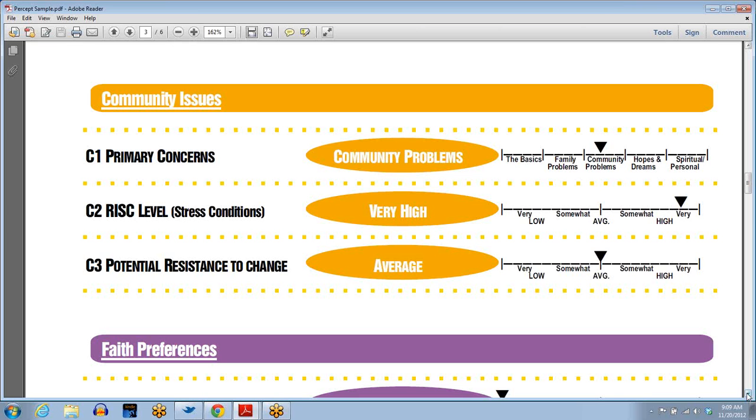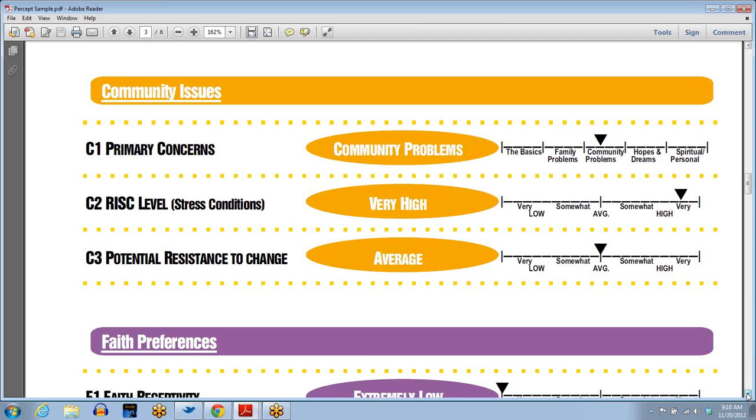In this case, their perception of change is that the resistance is just average. It's not high, so they're looking for something different. If it were high, you would come in with the solution to the concerns they have in their community, and they may resist your involvement if it involves change.